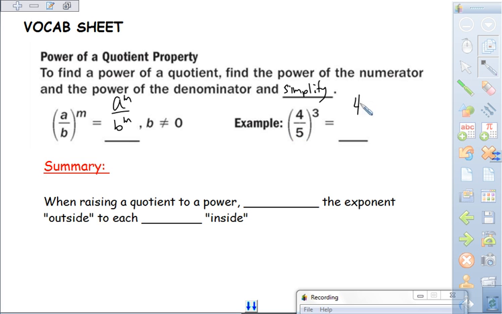For example, we get 4 cubed over 5 cubed. And notice we can't simplify because the 4 and the 5 do not have like bases, just like the a and the b. So when raising a quotient to a power, we want to raise the exponent outside to each base inside. So you cube the 4 and you cube the 5.